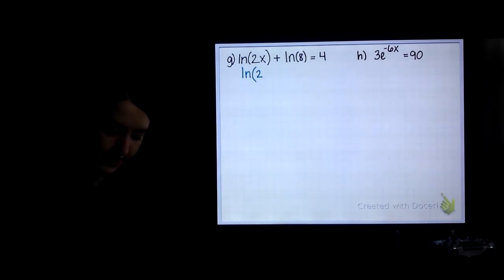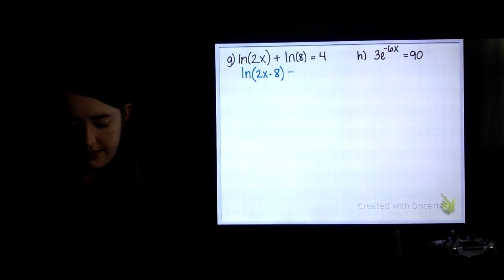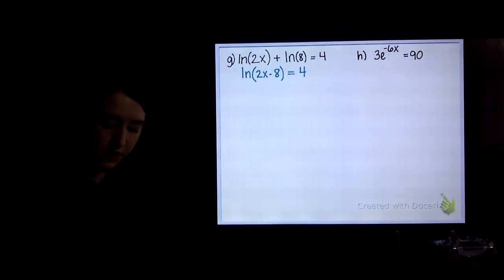So I'm going to have to take 2x times 8 on the inside over there equals 4. So, of course, 2x times 8 is just 16x. I split that up into steps just so you could see what's going on.